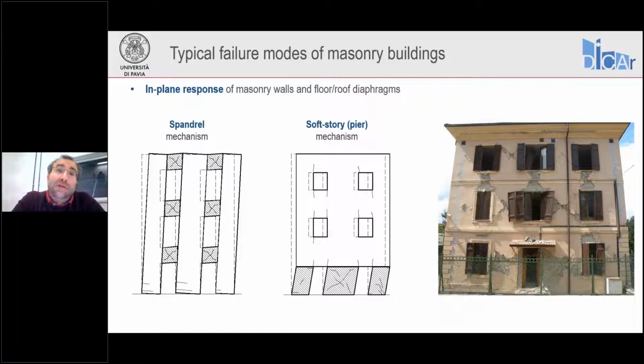Now, ideally, we would like to have the first mechanism, because we can spread damage and deformation demand throughout the building height, but in many cases with masonry structures, we observe sub-story mechanisms.